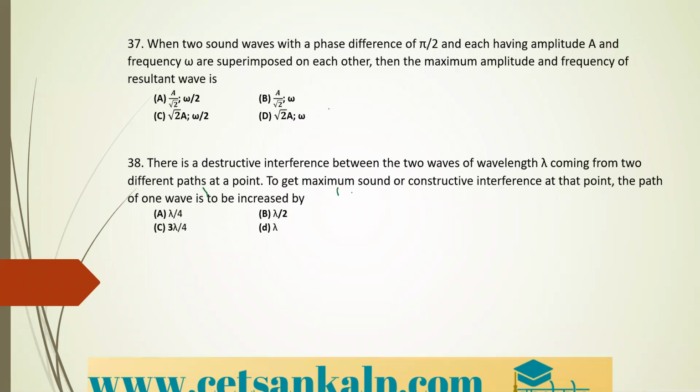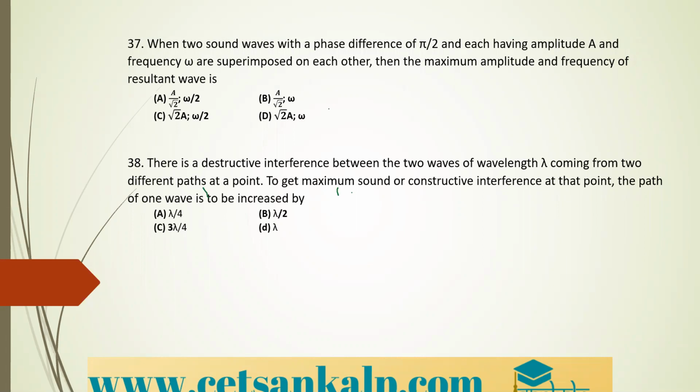Next question. When two sound waves with a phase difference of pi by 2, each having amplitude A and frequency omega, are superimposed on each other, then the maximum amplitude and frequency of the resultant wave is?